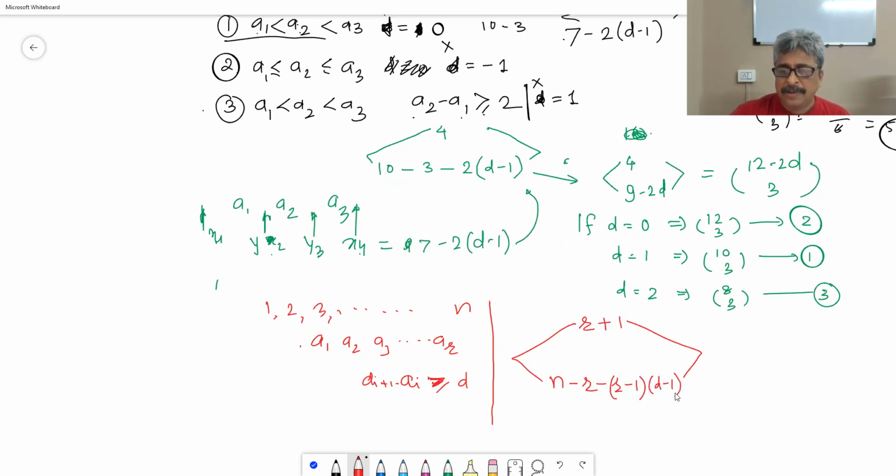D minus 1. Is this R permutation going to happen? No, no permutation. Is n permutation? No. Therefore, the answer is this. And let us simplify the answer. R plus 1 elbow n minus R minus R times D plus R minus D plus 1.